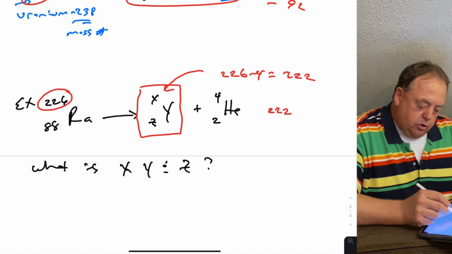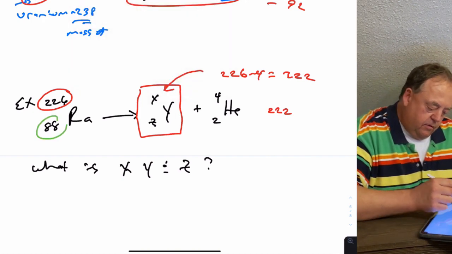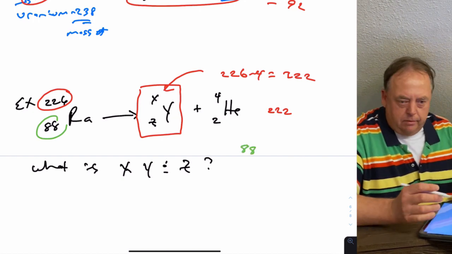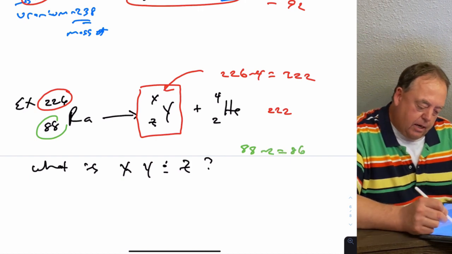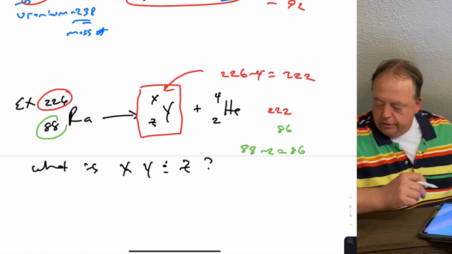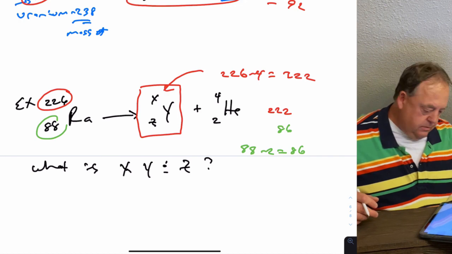And then the same is true for the bottom. So you start with an atomic number of 88, or the charge on the bottom is 88. So 88 minus 2 is 86, so the number on the bottom must be 86. And so how do you know what element that is? Well, you look at a periodic table and look up what is atomic number 86.